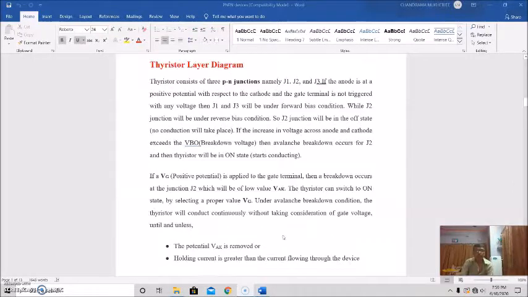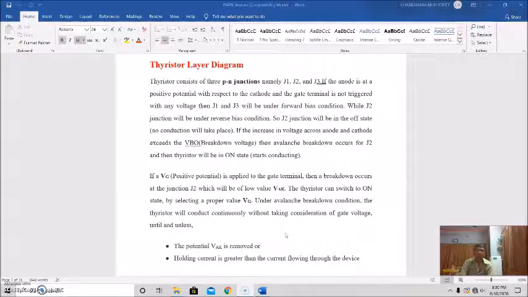If the anode is at a positive potential with respect to the cathode and the gate terminal is not triggered with any voltage, then junctions J1 and J3 will be forward biased, and junction J2 will be reverse biased. So the J2 junction will be in the off state, and no conduction will take place.